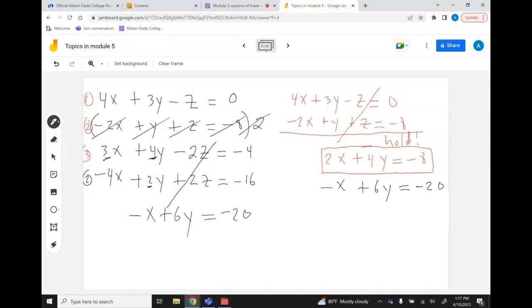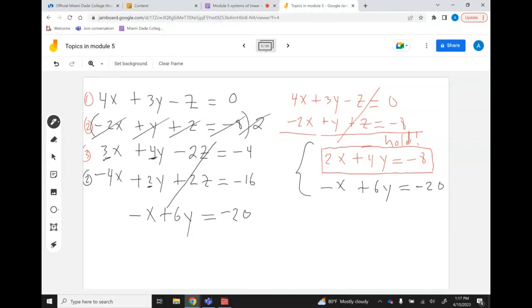This is what I need to solve now, those two. By the time you get to this point, you're back at doing something that you already have done. Now in this example, it just turned out that it was easier for us to eliminate the z value. That's not always the case.